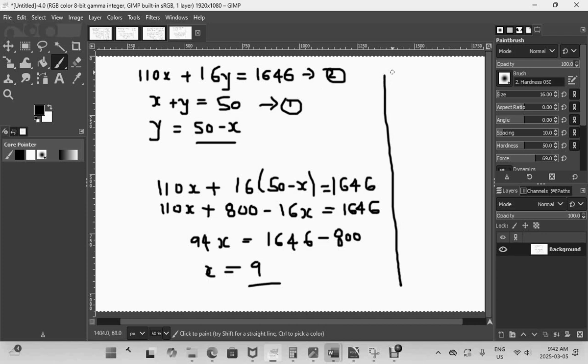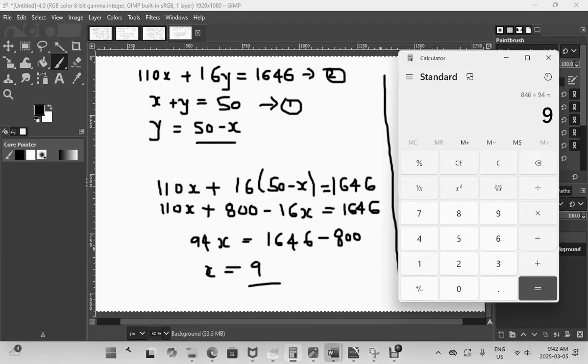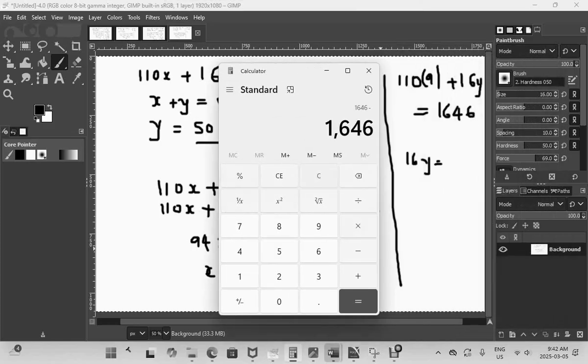So 110 times 9 plus 16y equals 1646. 110 times 9 is 990, so 16y equals 1646 minus 990.